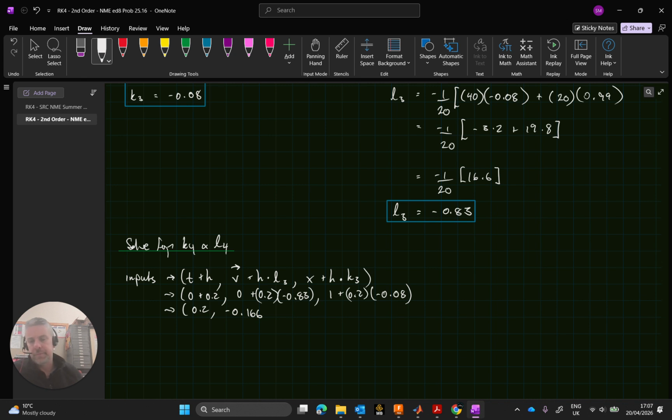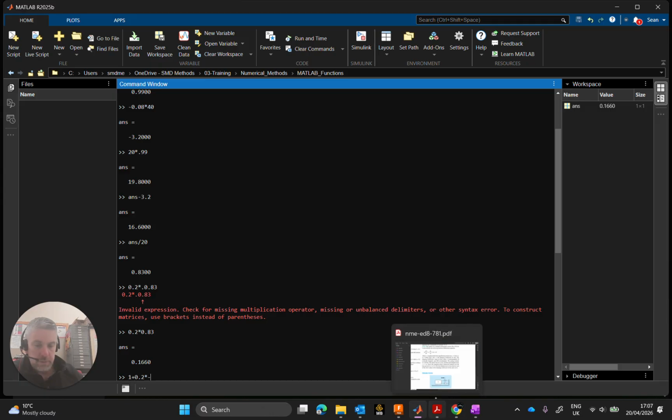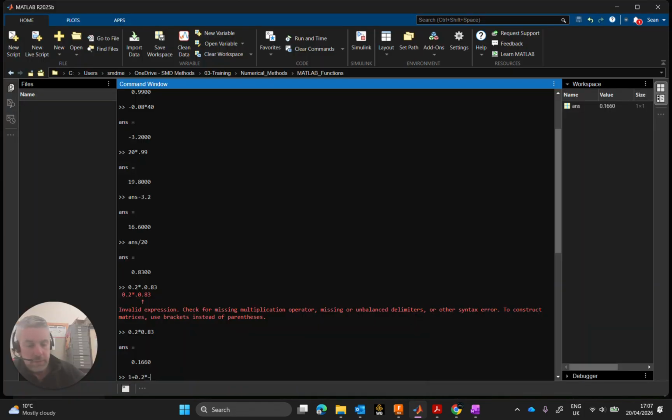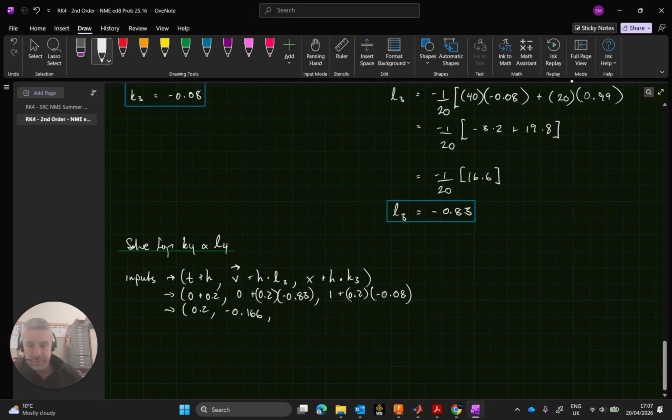Yep. And then this one here: 0.2 multiplied by minus 0.08 plus 1. Let's write this all in as one function in MATLAB: 1 plus 0.2 multiplied by minus 0.08 is equal to 0.984.